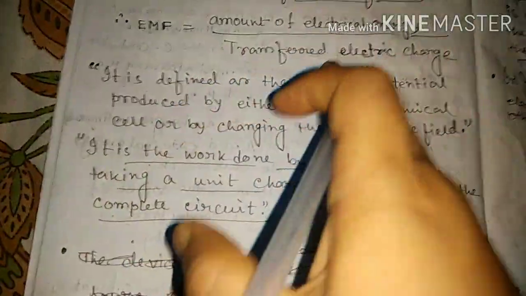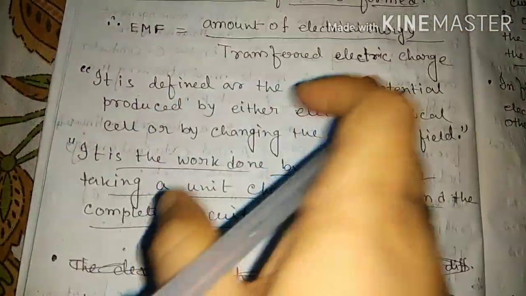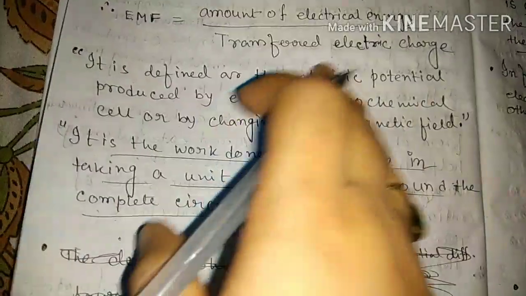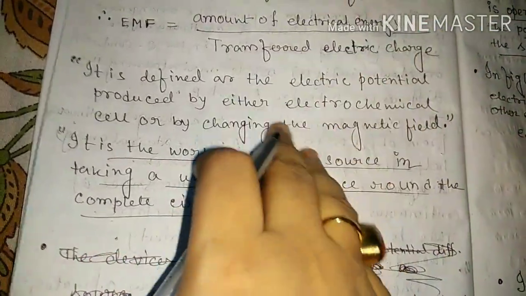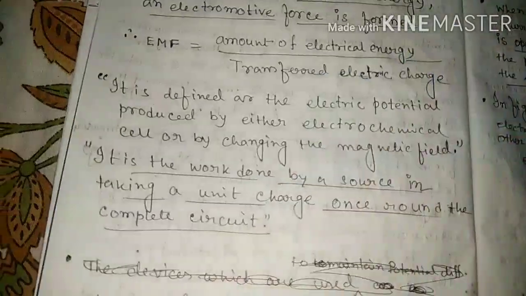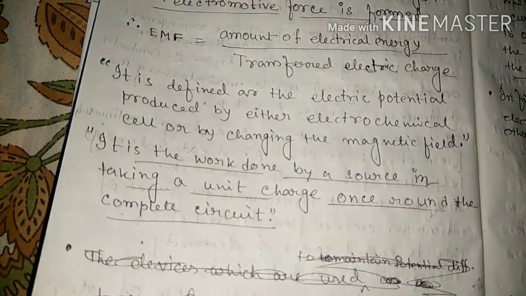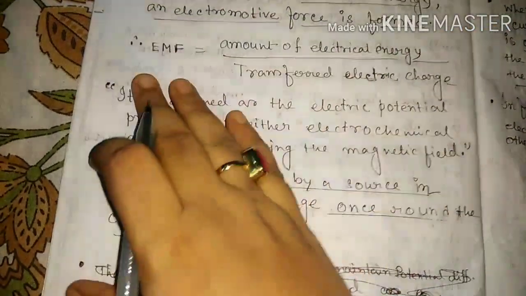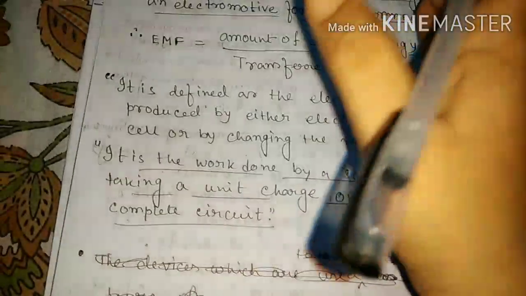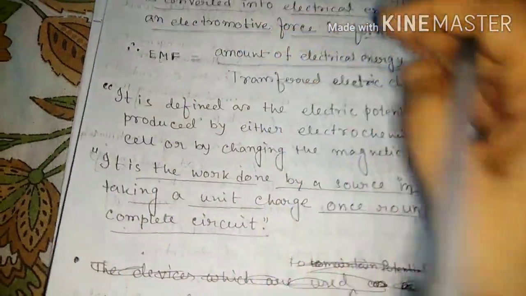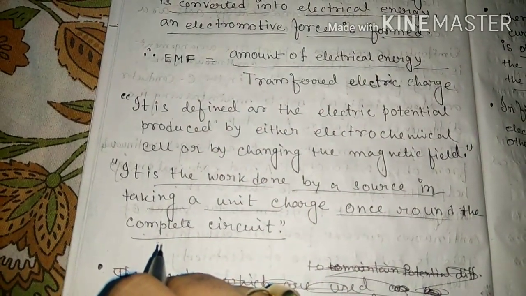It is defined as the electric potential produced either by an electrochemical cell or by a changing magnetic field. In the next chapter, magnetism, we also study the EMF: not only for an electric source or electric field, for a magnetic field we also get EMF.